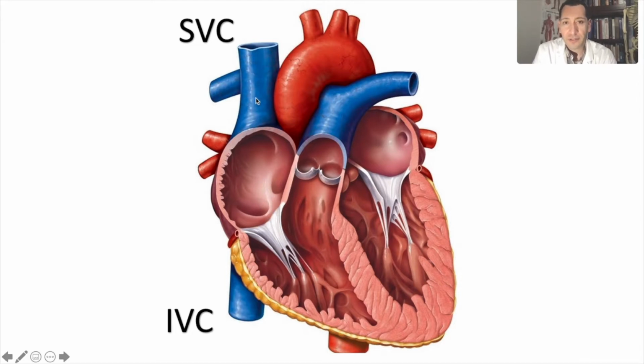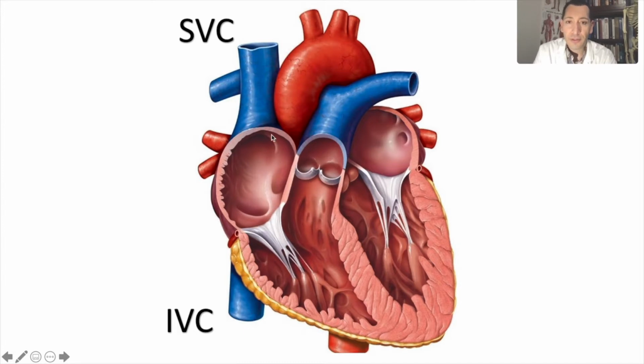the blood comes in first. I should say, deoxygenated blood first comes into the heart through the superior vena cava and inferior vena cava. Actually, as well as the coronary sinus, but you can't see it from this view. So here are the two vessels we can see.